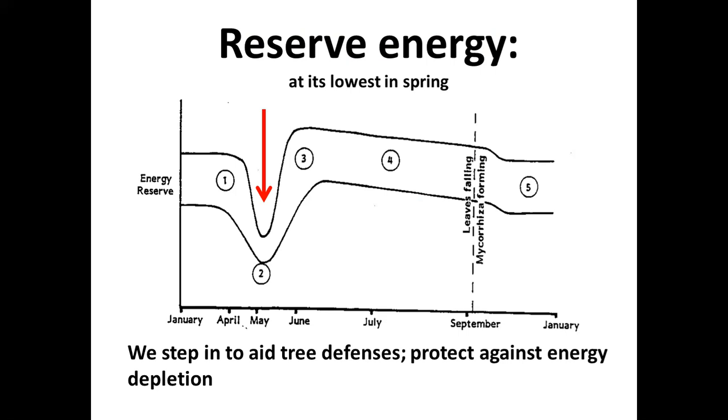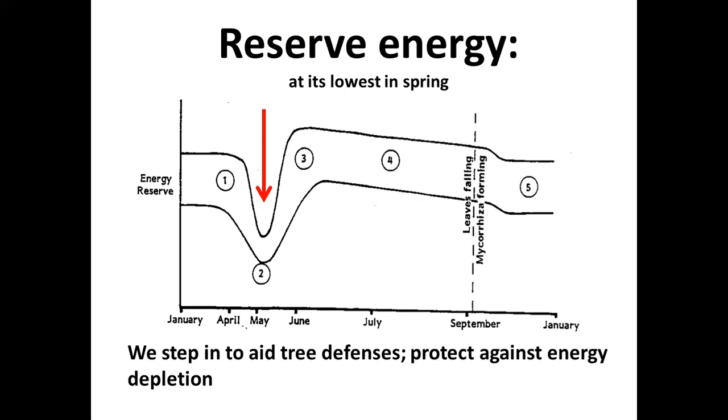What happens is there's high energy reserves in January, it moves into spring, like just the period we're getting into, and there's a steep drop in the energy reserve, and then it climbs back up. Anyone have an idea what's going on there? Why is there that steep dip right now? What we're heading into?